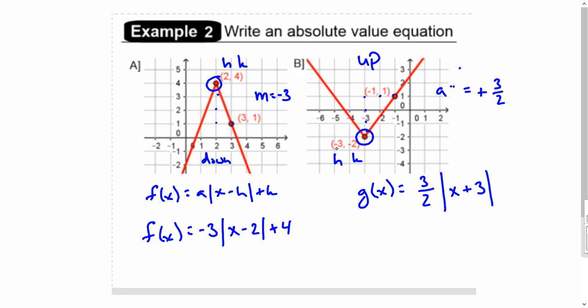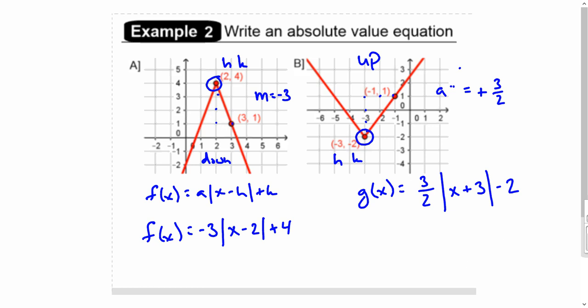Because that's negative, and we take the opposite sign. So x plus 3 minus 2. So again, we're confirming that we've got the vertex at (-3, -2), bam. That we've got a slope of 3 halves, so up 1, 2, 3, to the right 1, 2, bam. Right on that point, we are good to go.